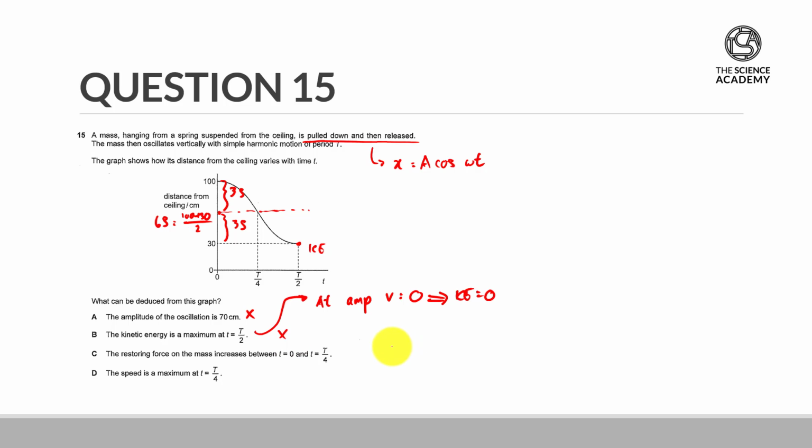Option C tells us that the restoring force on the mass increases between 0 and T over 4. So now, let's recall that the restoring force is going to be equal to negative m omega squared x for a body oscillating in simple harmonic motion.